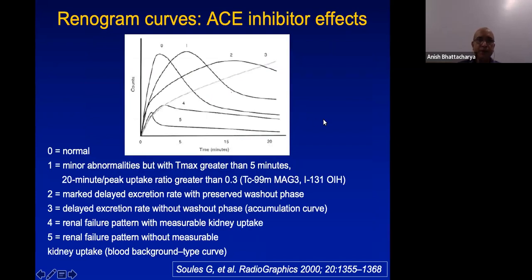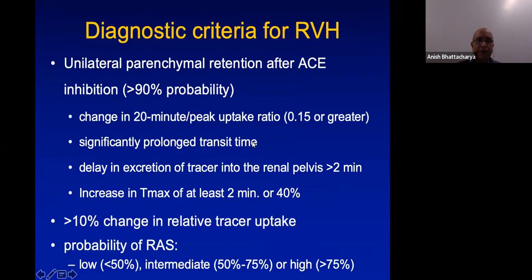There are different types of ACE inhibitor effects, as you can see from this curve. The net result is the curve shifts to the right, there is a drop in the peak, and there is a plateauing of the curve. So you can grade it 1, 2, 3, 4, 5. Unilateral parenchymal retention after ACE inhibition gives a more than 90% probability. Usually there is a slow gradual accumulation with retention of the tracer in the affected kidney.